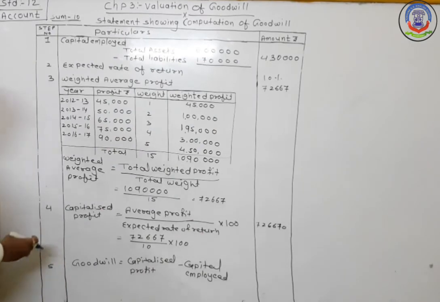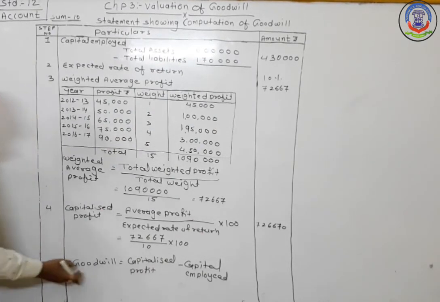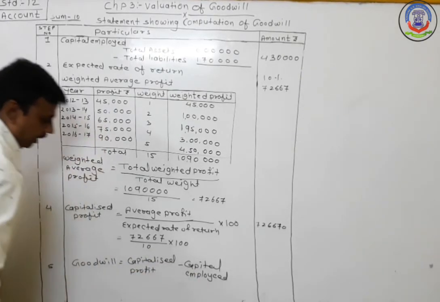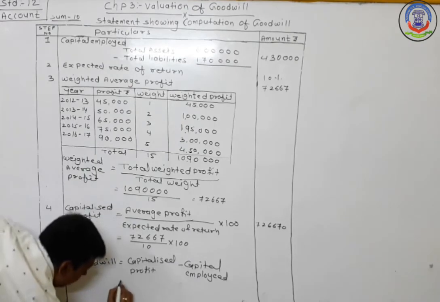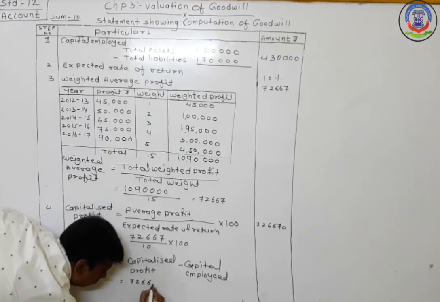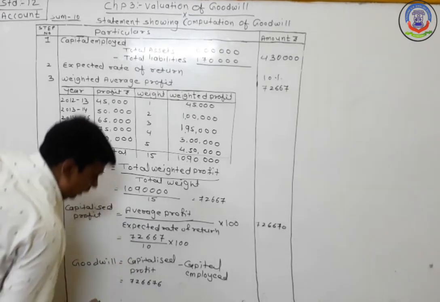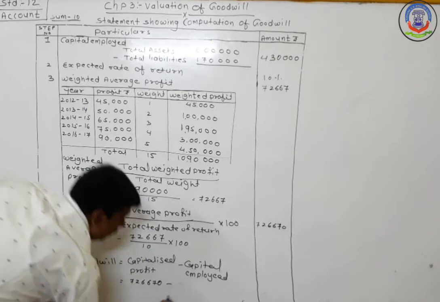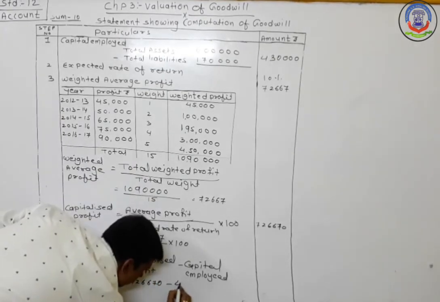Now fifth step, goodwill. Goodwill equals capitalized profit minus capital employed.